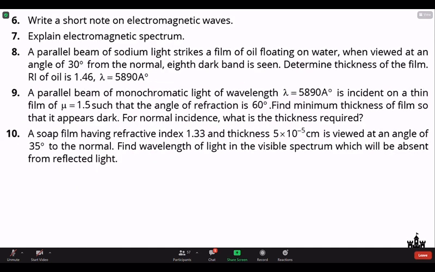Here are a few numericals as well. You can take the screenshot and solve numericals 8, 9, and 10.